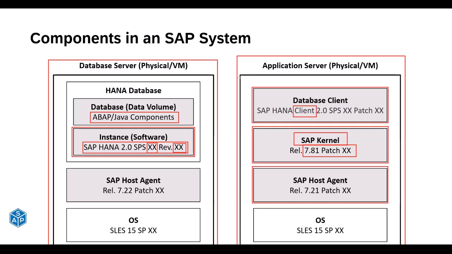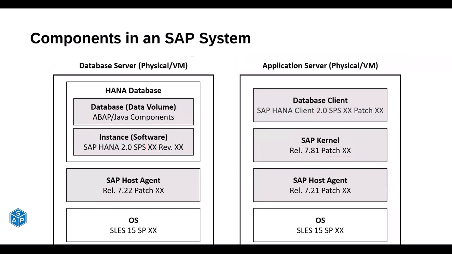Okay, so these are the parts that we can upgrade in our SAP system. Just for your revision, the first thing that you can upgrade is your host agent. It is common for both of them.